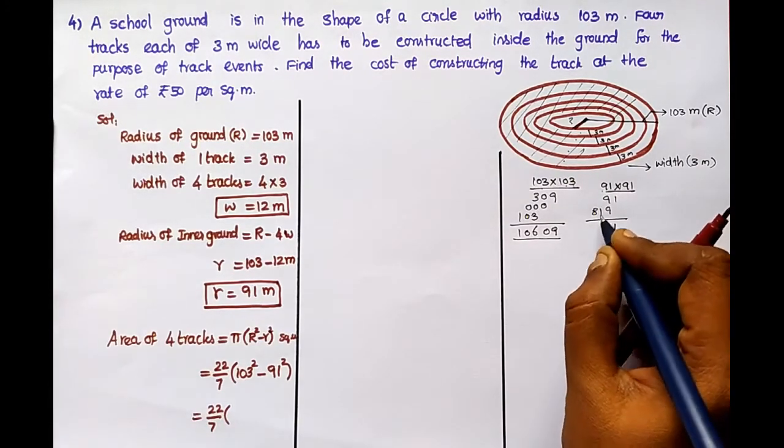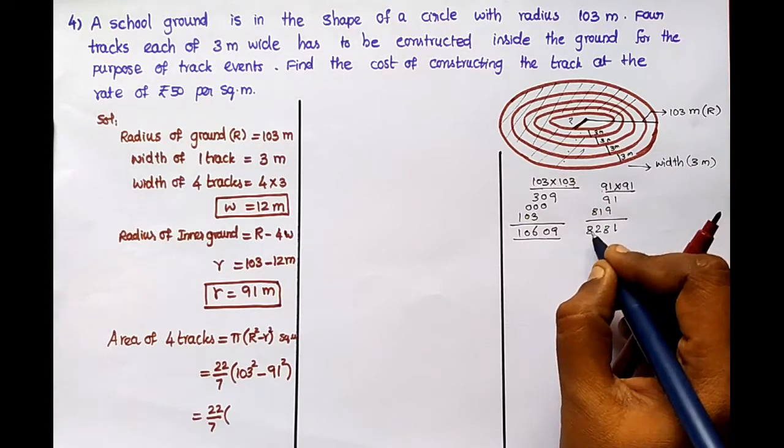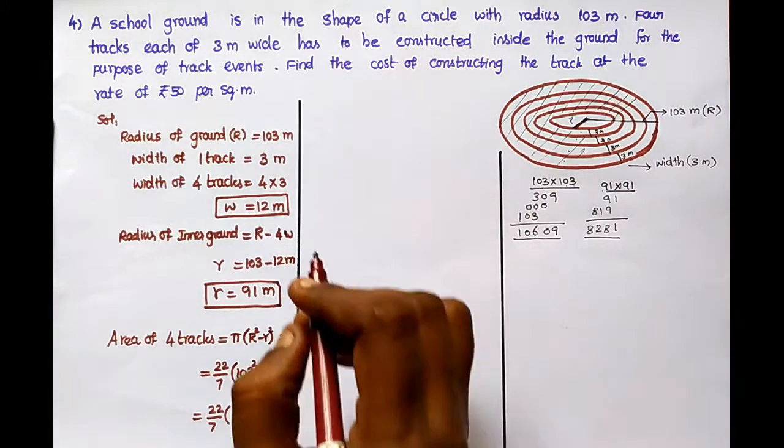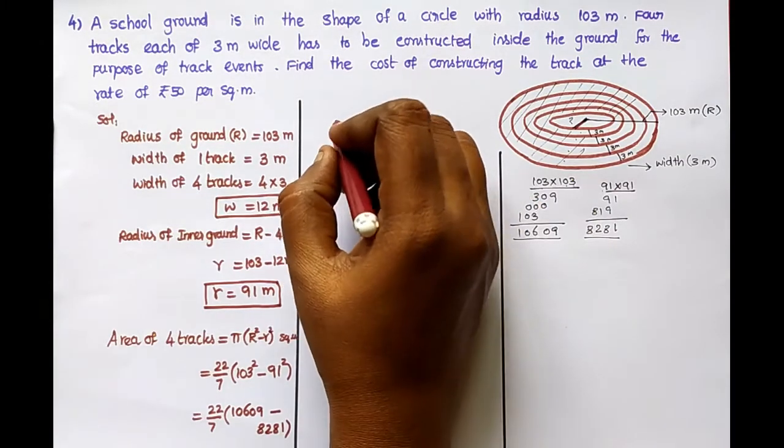So 8,281. Now 10,609 minus 8,281. Right? Next one.